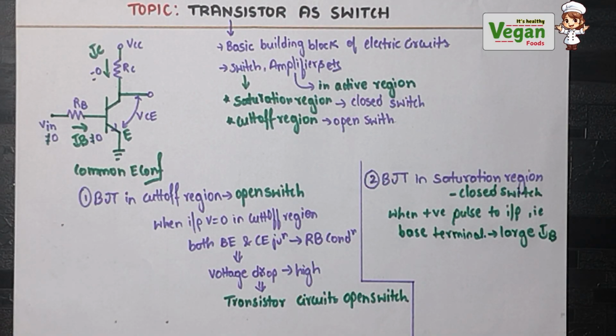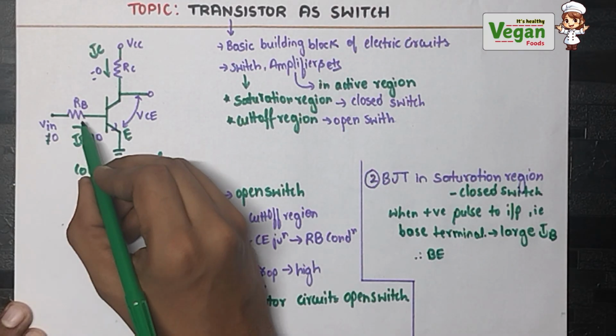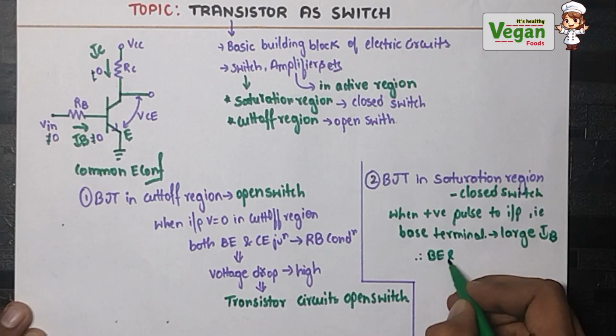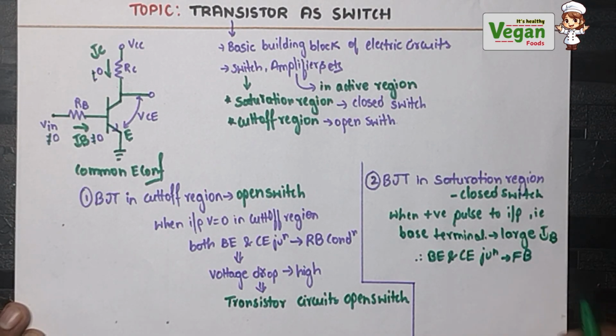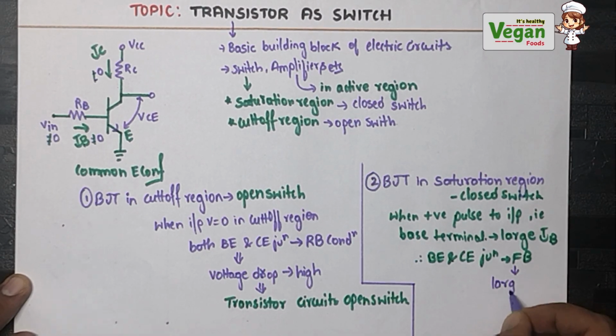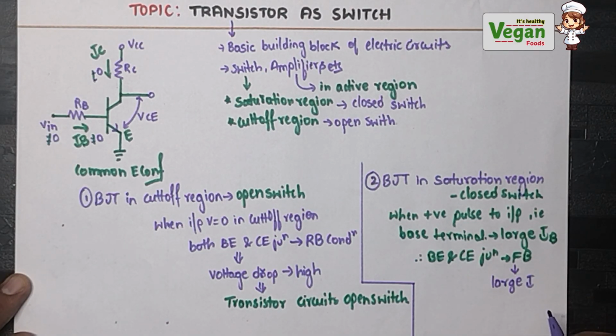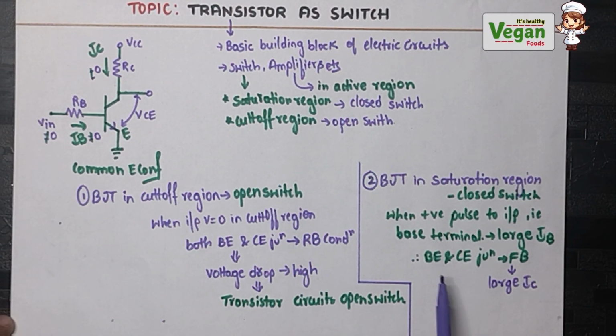Therefore the base-emitter junction and the collector-emitter junction will be forward biased. When the two junctions are forward biased, there will be a large production of current, that is, the collector current IC will increase.